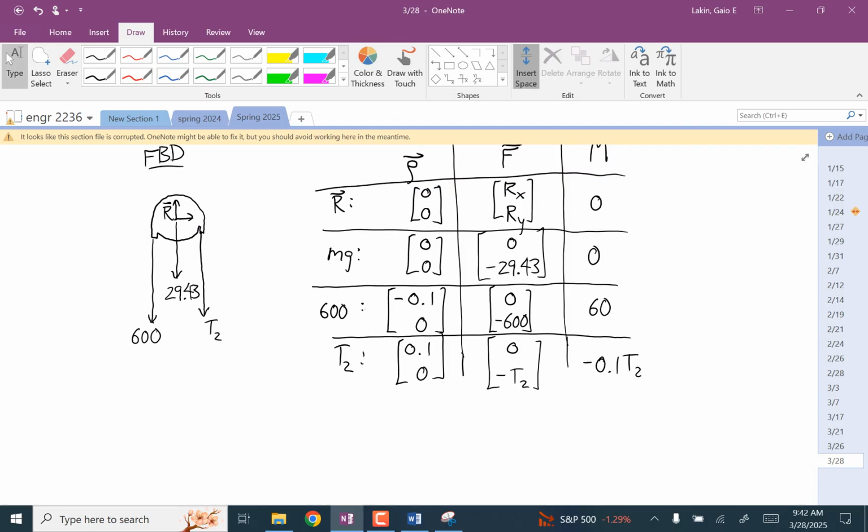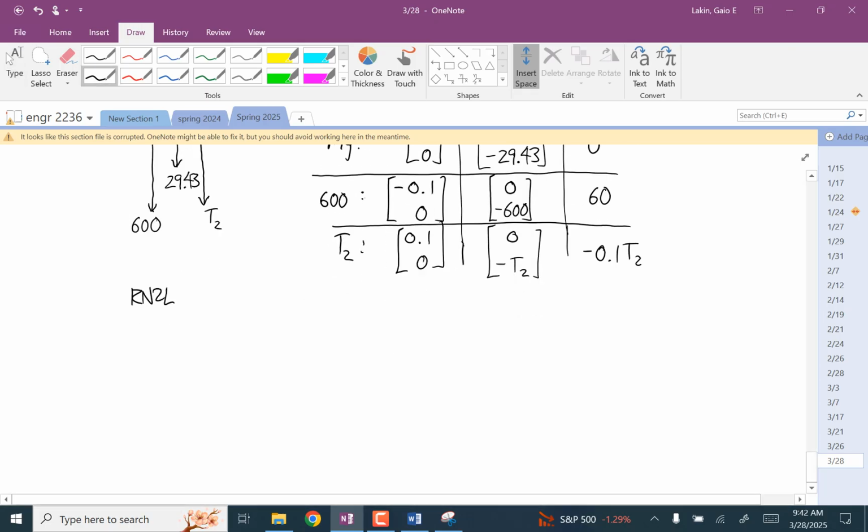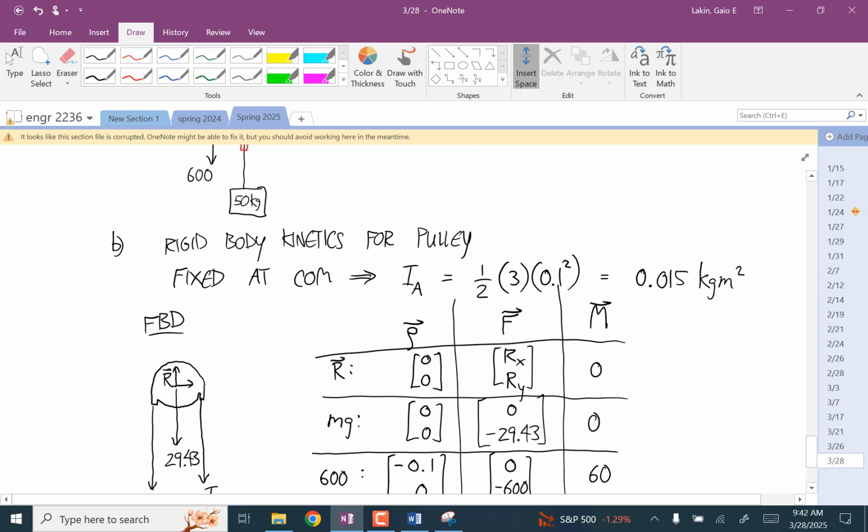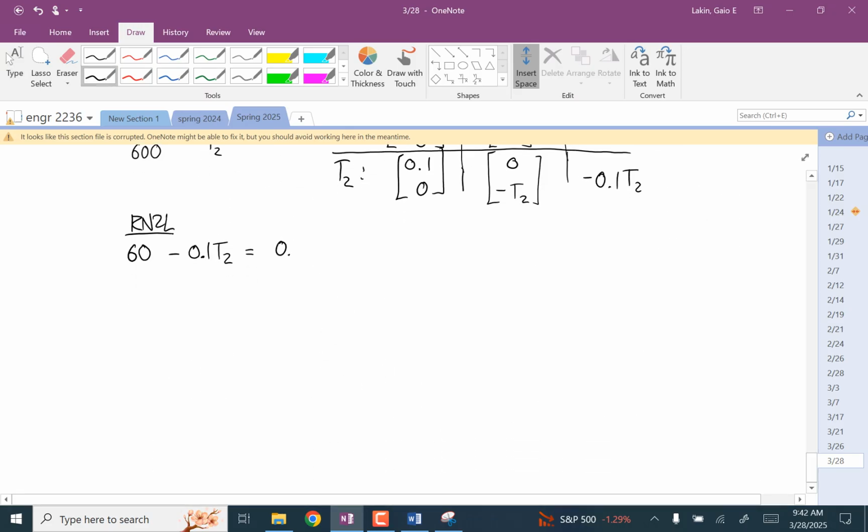Do we need Newton's second law? No. So the moment equation says 60 minus 0.1 T2 is equal to the moment of inertia times alpha.